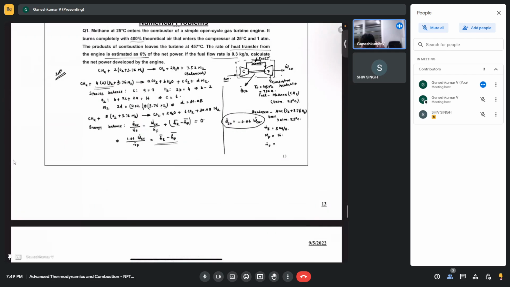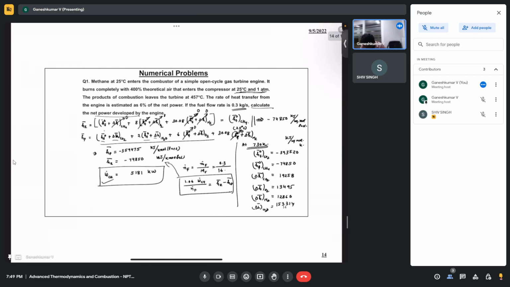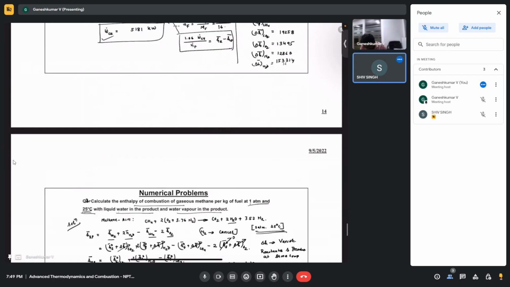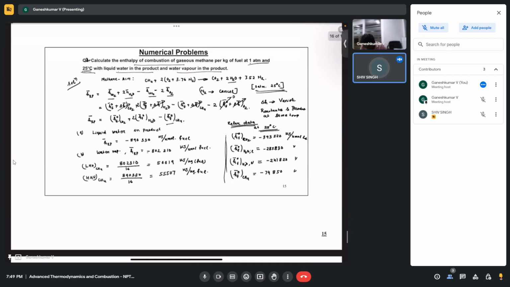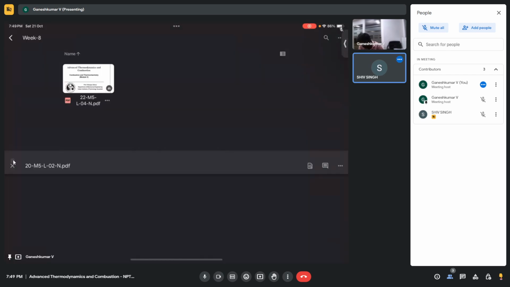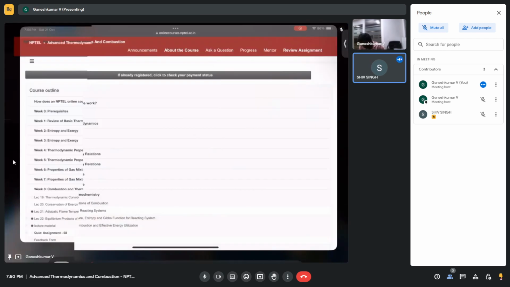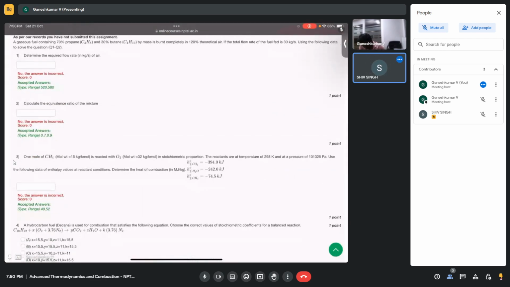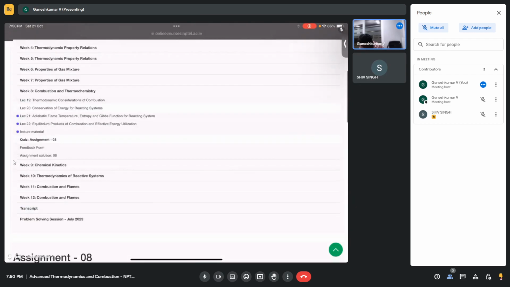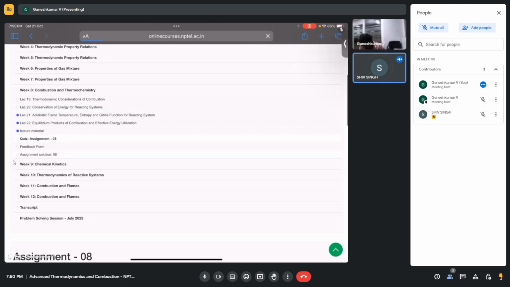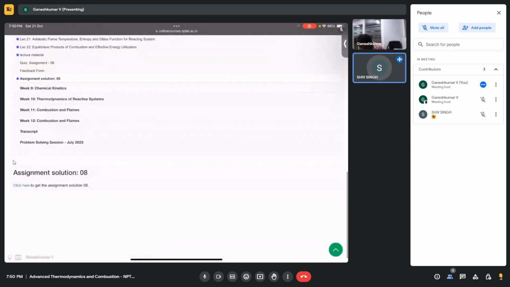Did sir solve some problems related to this? I guess in the assignment solution has been given. We can look at the direct solution of that assignment problem. Here it is, the assignment solution.